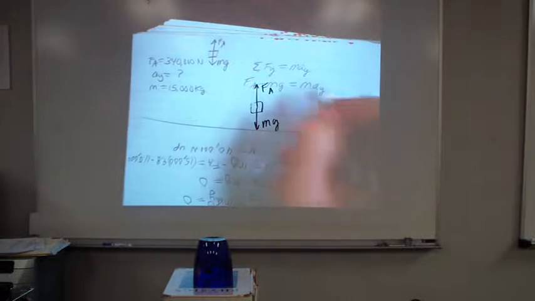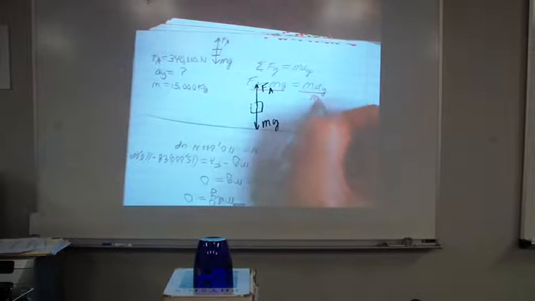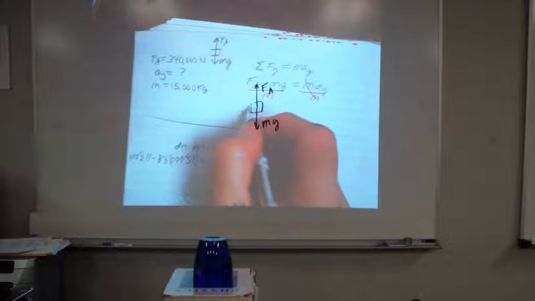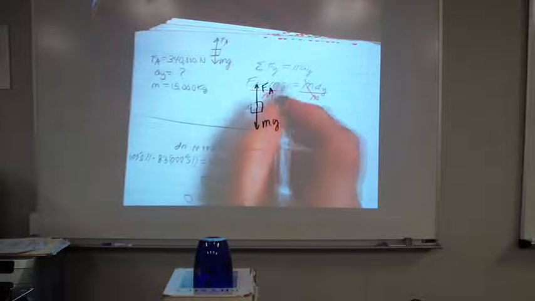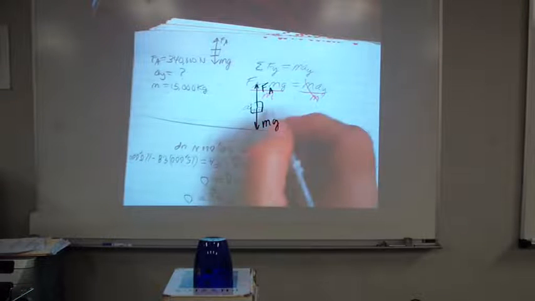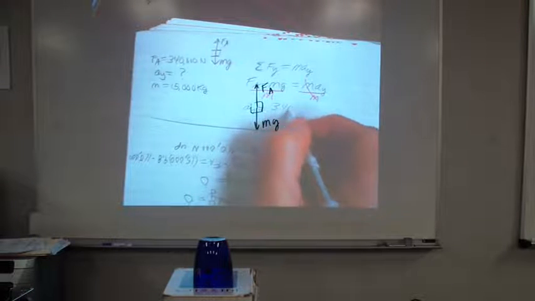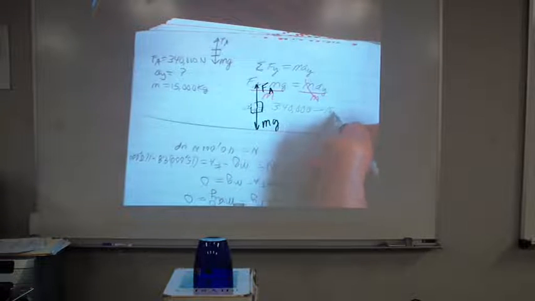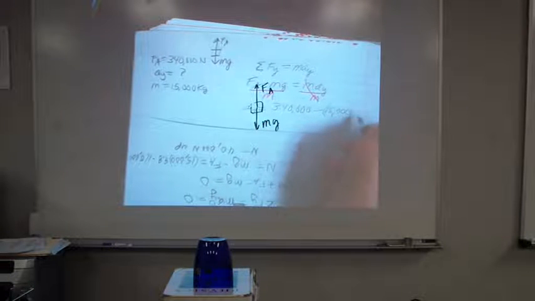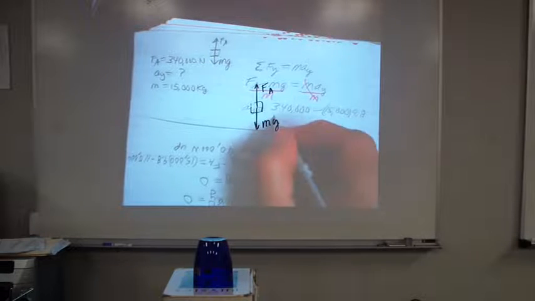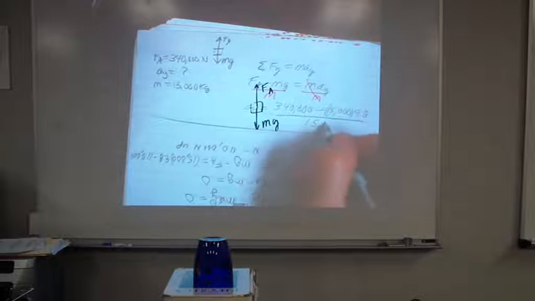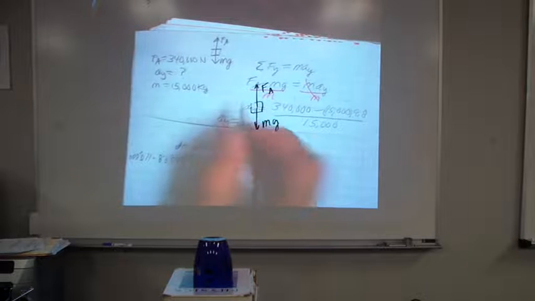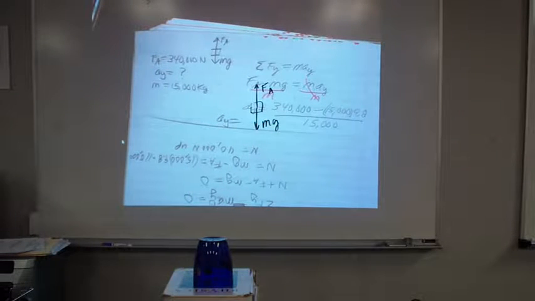I want to isolate your acceleration. So divide both sides by m. This m comes over. I'm going to flip it. And then this is going to be over here, right? So 340. Plug all that in, you get, I'm not going to plug it, I'm just going to look at the answer.